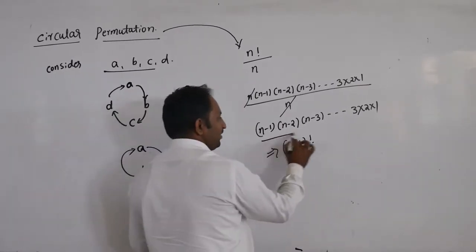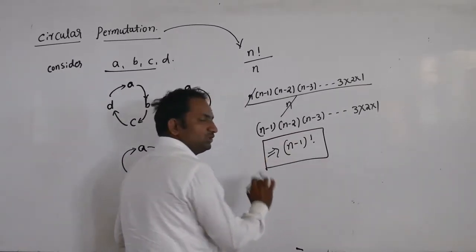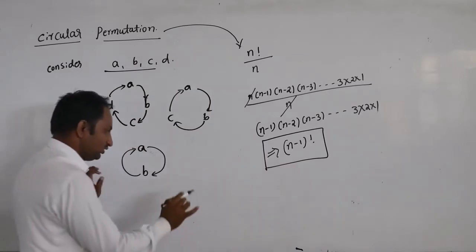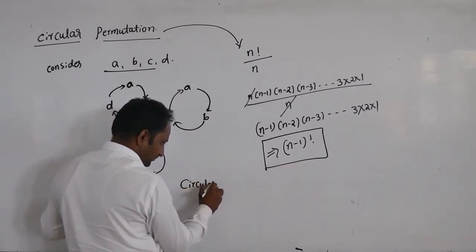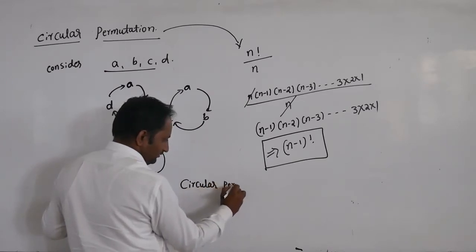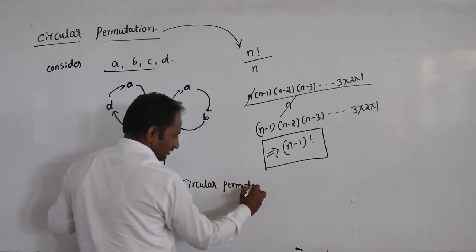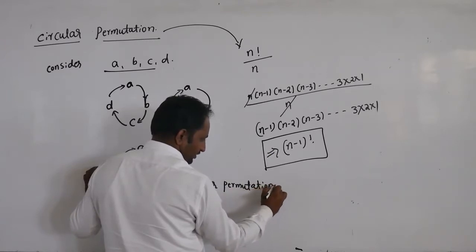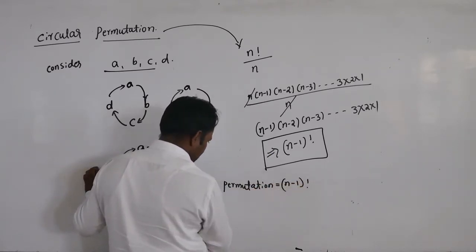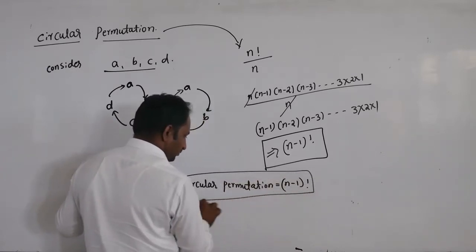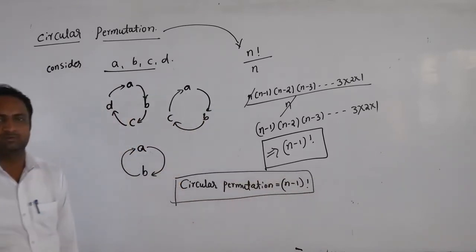This is the formula for circular permutation: circular permutation is equal to (n minus 1) factorial.